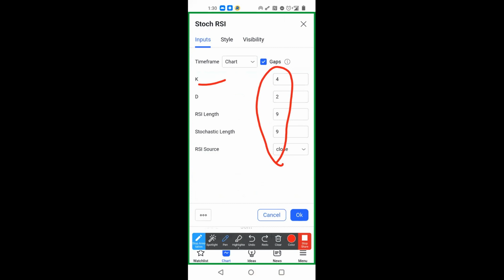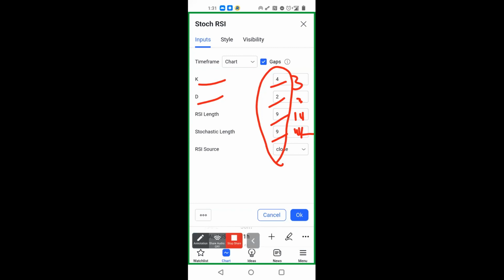You can take a screenshot to make it easy. When your indicator comes, it will come with a 3, a 3, a 14, a 14. Change to 4, 2, 9, 9.